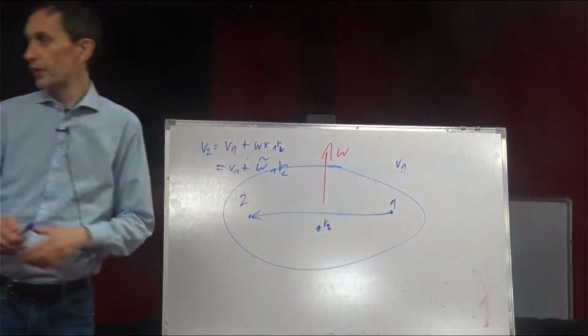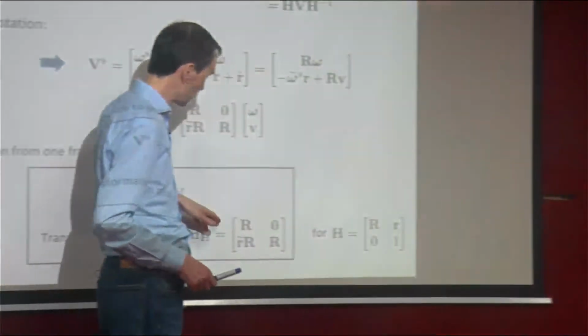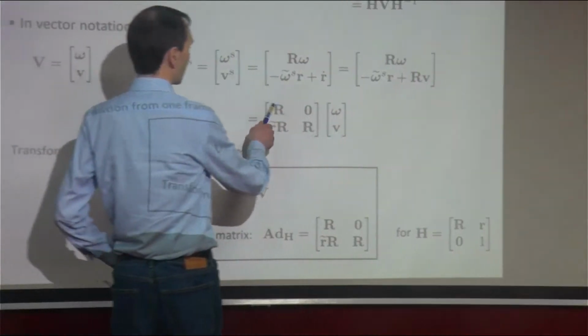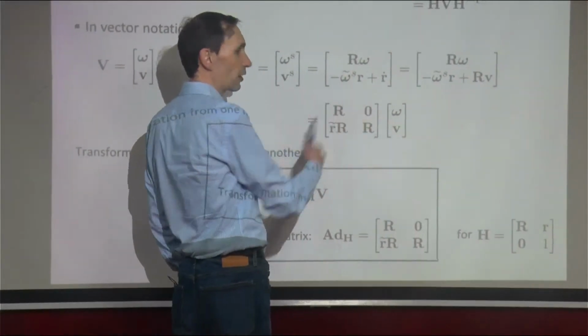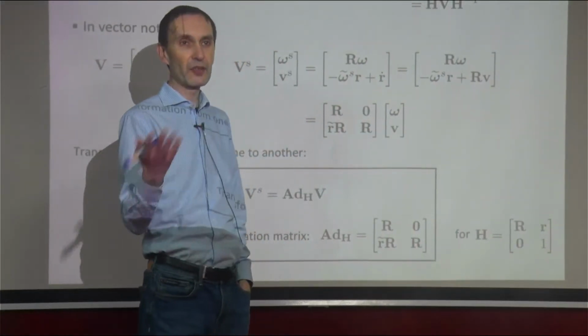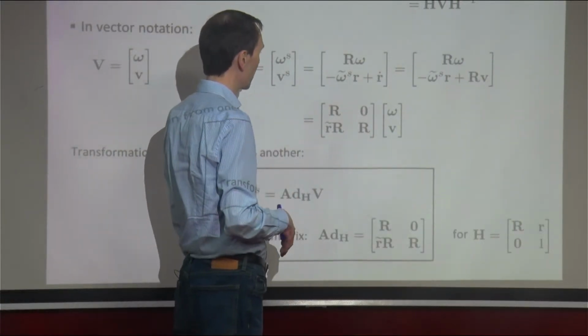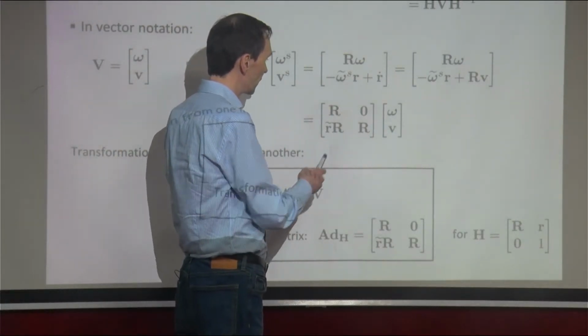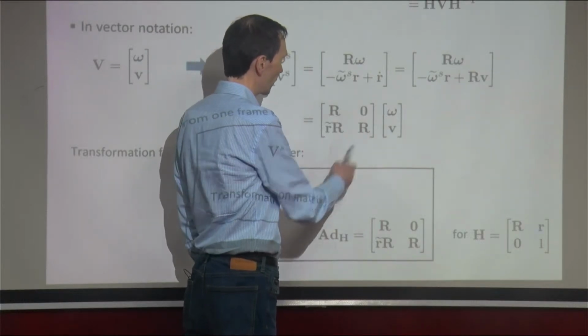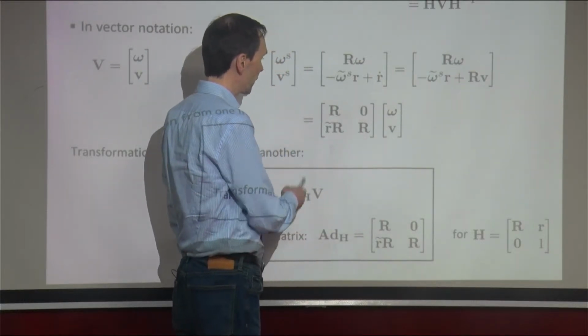If you encode this into a matrix, then it goes like this. The rotation matrix just transforms the omega vector. So the omega itself is not changed. It's just the frame in which it is represented that is changed. The same holds for the v vector, which is transformed into the right frame, and then comes the cross product.